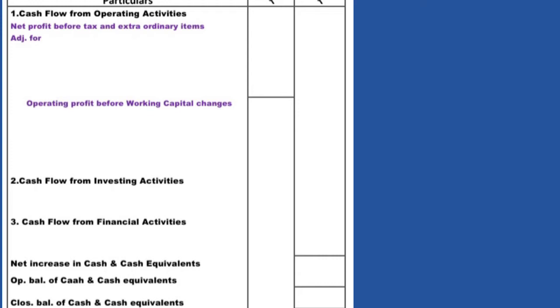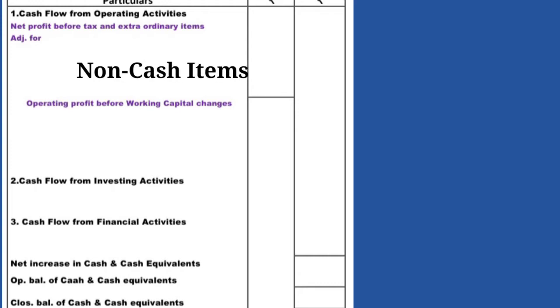This is the rule. In some questions, we need to do the calculations in this net profit. That we can discuss later. In this operating activity, there will be a subheading: adjustment for. Here we will write non-cash transactions.